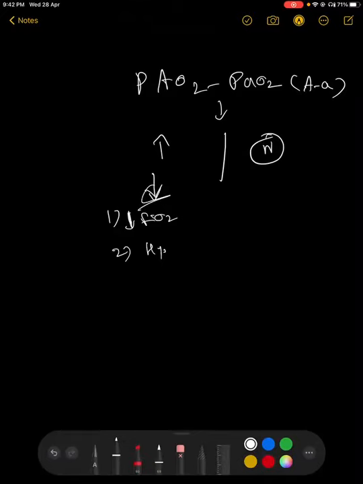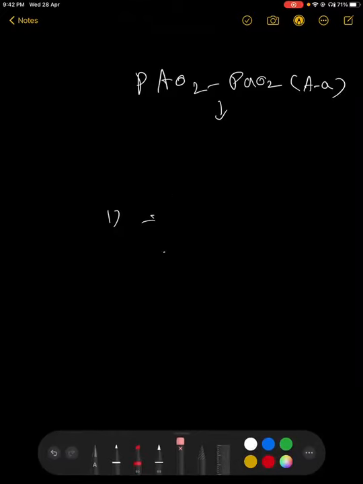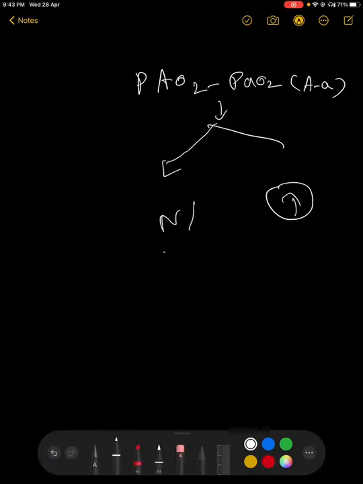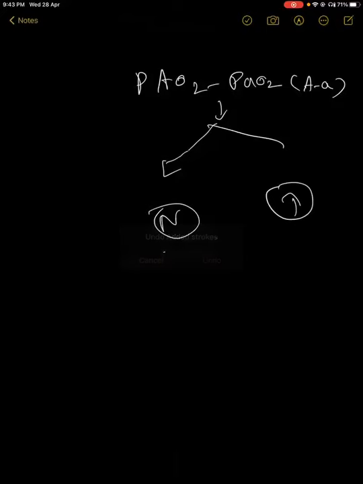So this could be normal or increased. Very rarely is it decreased, mostly it will be normal. So let's take a patient with type 1 respiratory failure, for whom we are going to calculate the A minus a gradient.